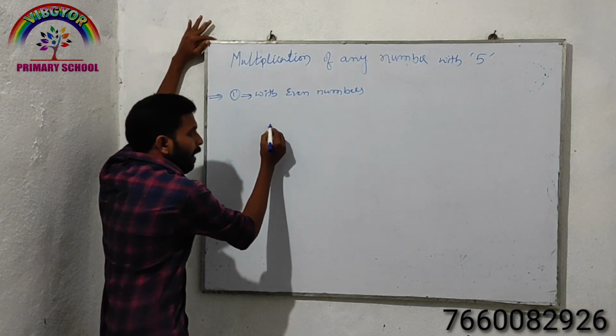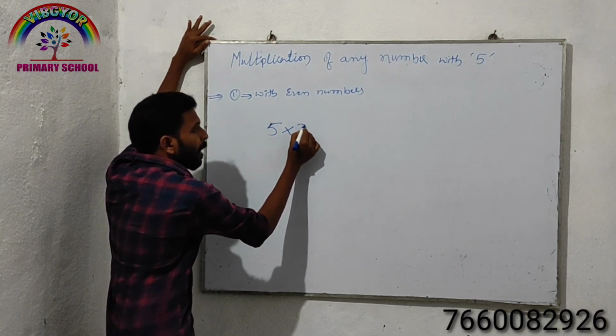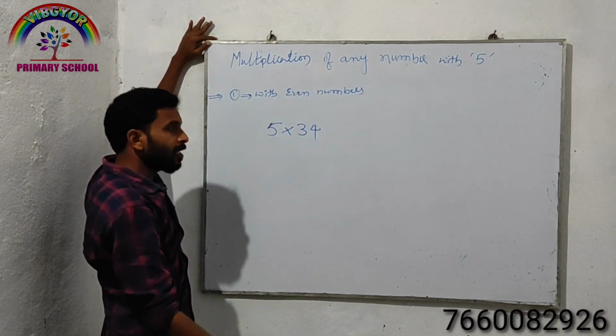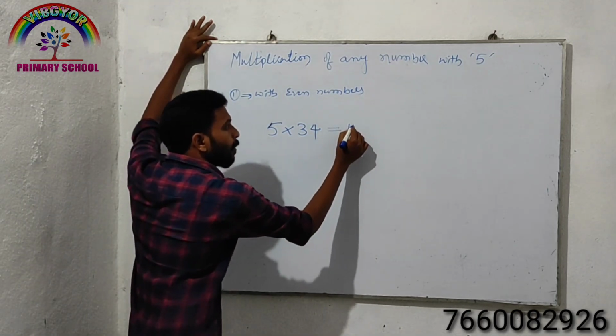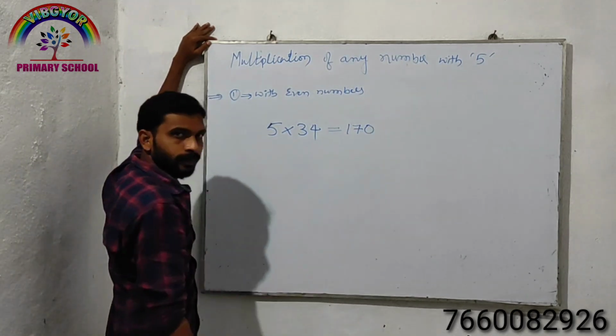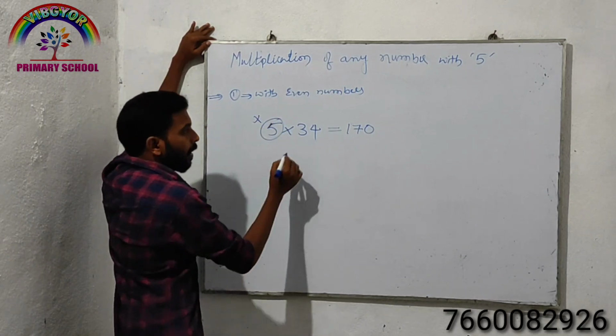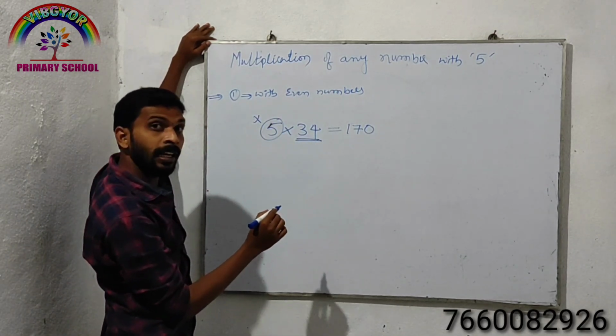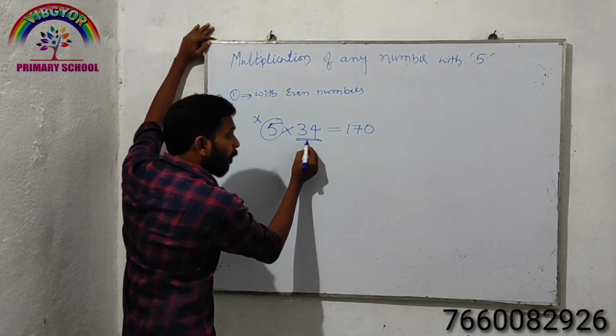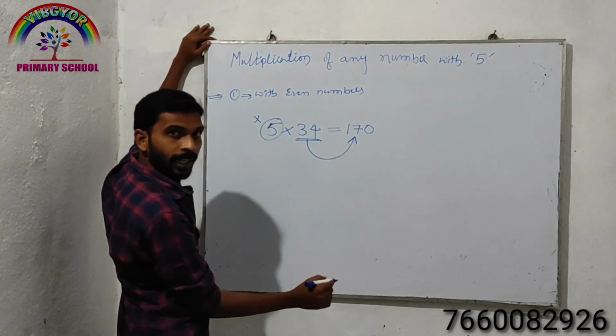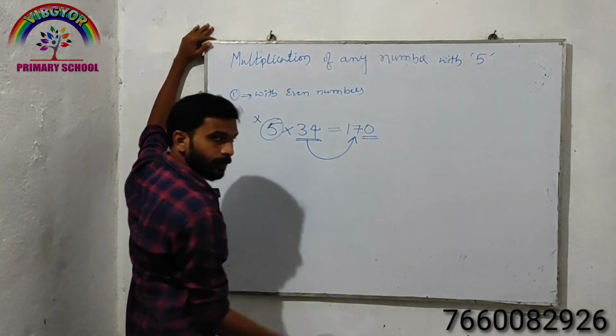I told that 5 multiplied with 34 simply gives the answer 170. That is, we leave the 5, consider the even number, and half of this even number is 17. Then we need to keep this 0.